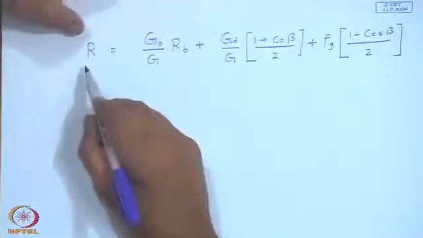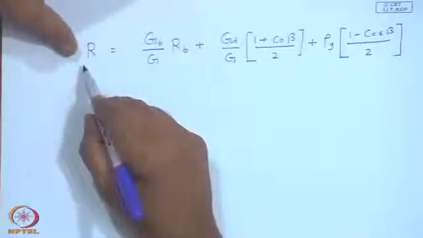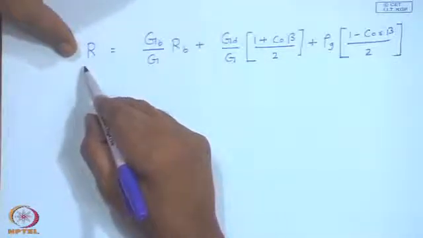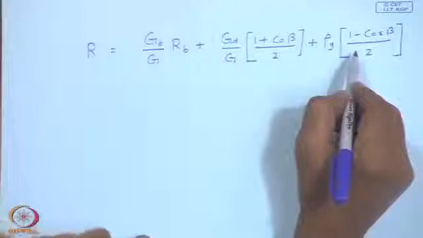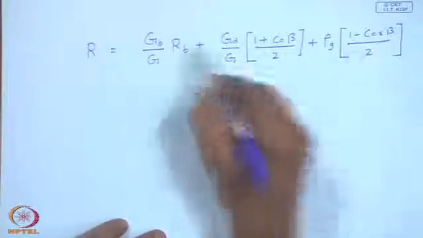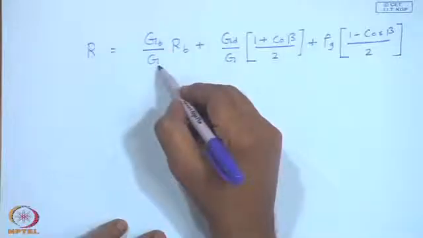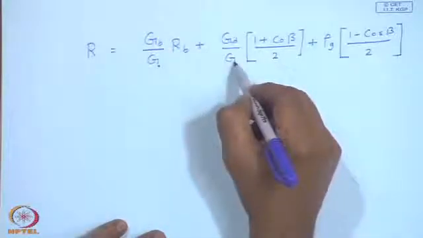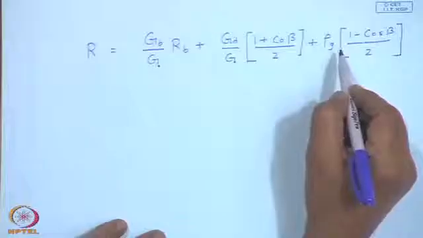If we multiply throughout with G, G into R will be your G T, and hence this is written in a particular fashion. Now, you will find that everywhere I have G B by G, G D by G, of course, this G gets cancelled.